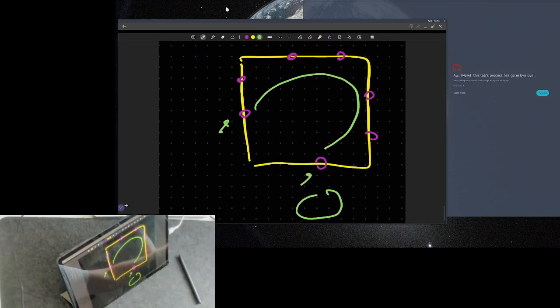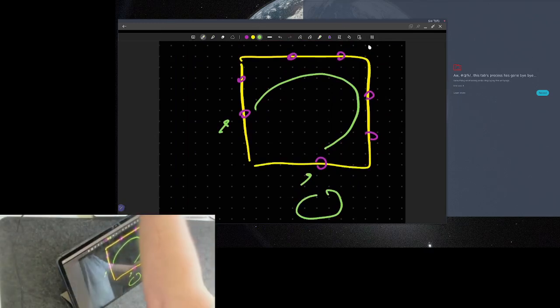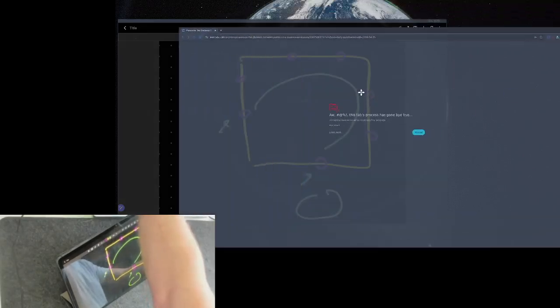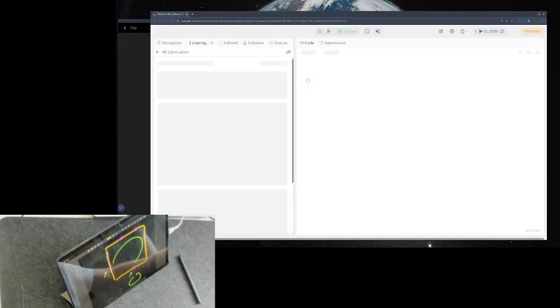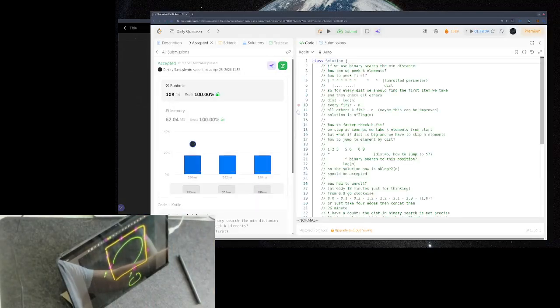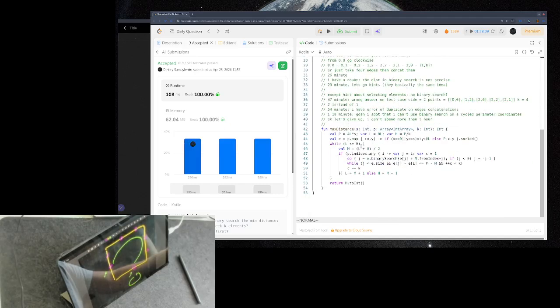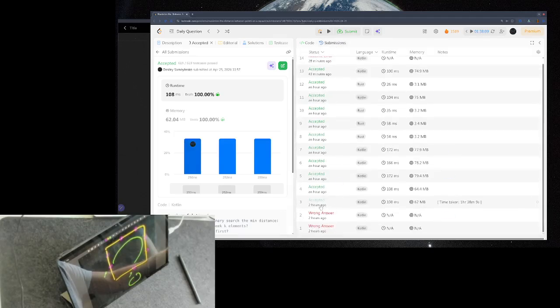Now let's look at the code. First, my accepted version.